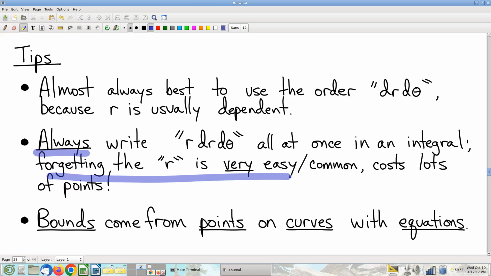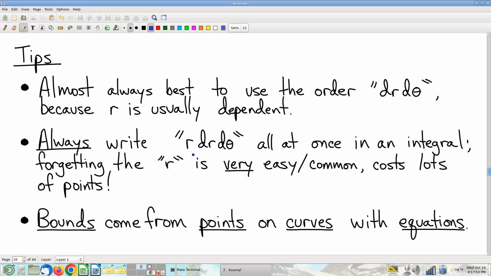The way it goes down is you write dr d theta in recognition that you're about to do some slicing, and then you go off and you look at your picture and you're thinking about slices and slices of slices and bounds and such, and then you just forget to go back and insert the stretching factor. Surprisingly easy to forget. If you write these down all together, then it's basically impossible to forget. So I think that really helps a lot. I hope you'll do that.